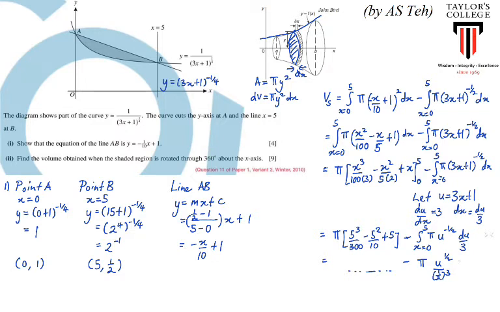We integrate this from x equals 0 to 5, or you can substitute as u. When x equals 0, u equals 1, and when x equals 5, u equals 16. If you do the overall calculation, you'll find that the volume, although it's dimensionless, will give you the value of 2.88.